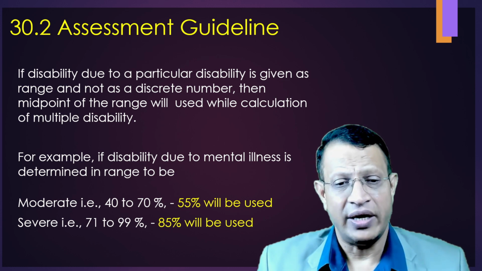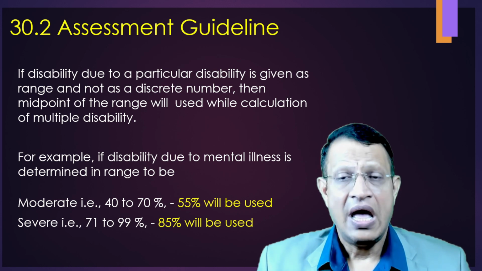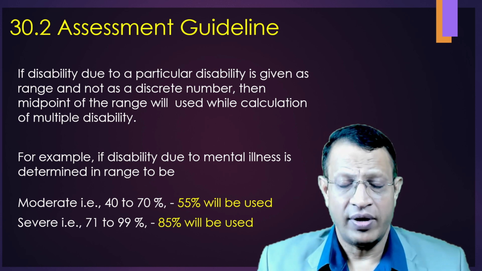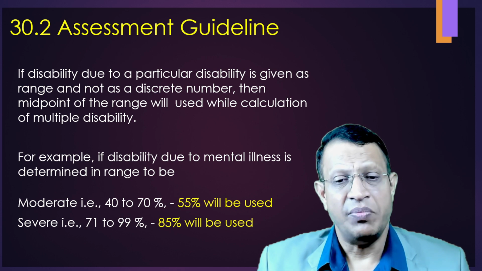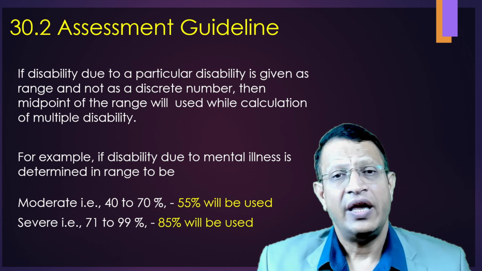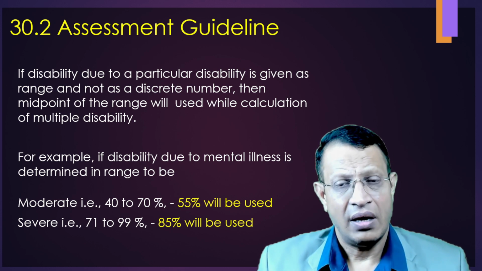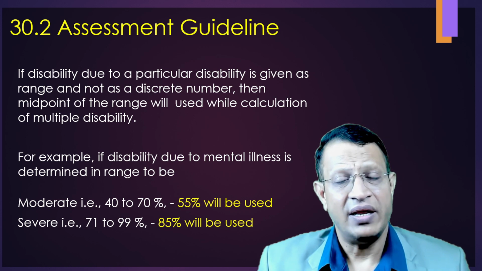Here it says moderate if the score is between 40 to 70%. How to take the individual score from them? They have suggested a median, that is 55% will be used. Similarly, if the patient scores severe on mental illness and the range is between 71 to 99%, again the median, 85%, will be used for the scoring of that specific disability.